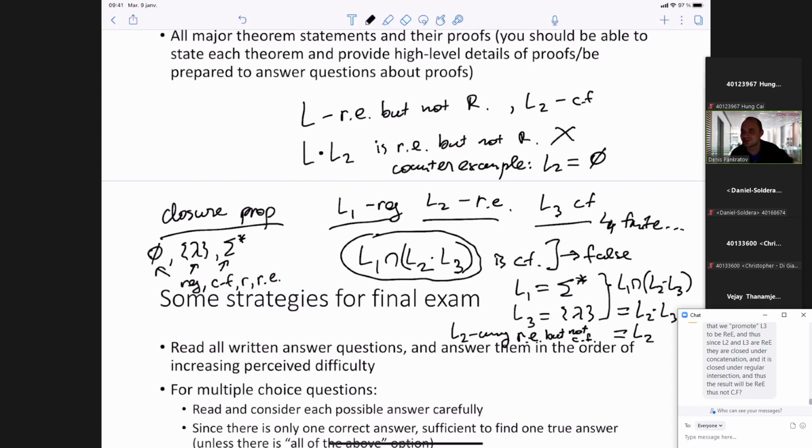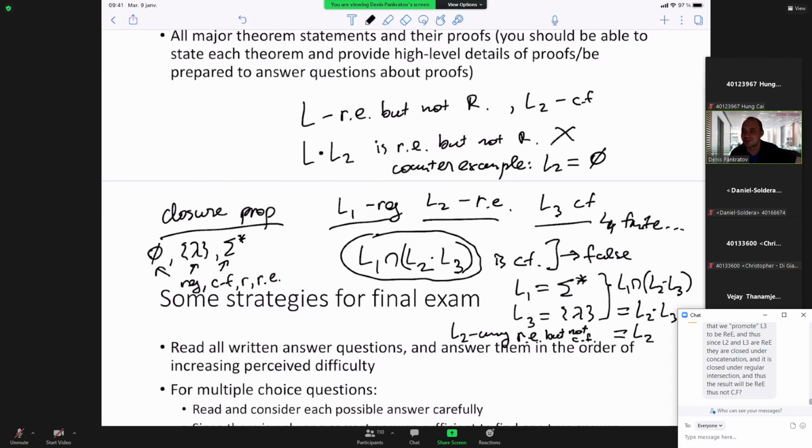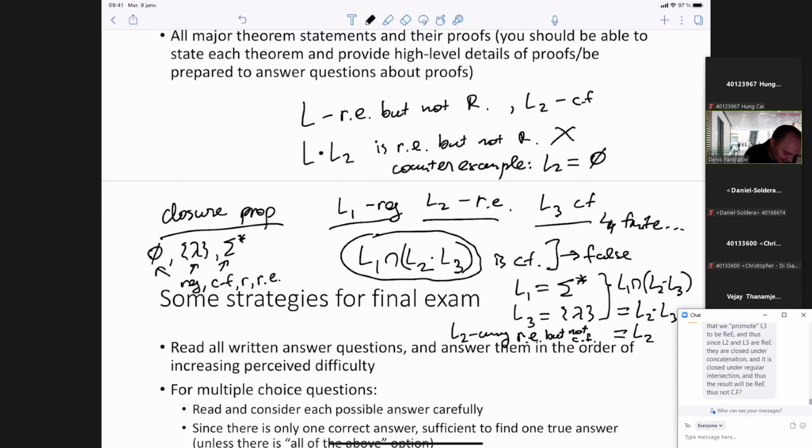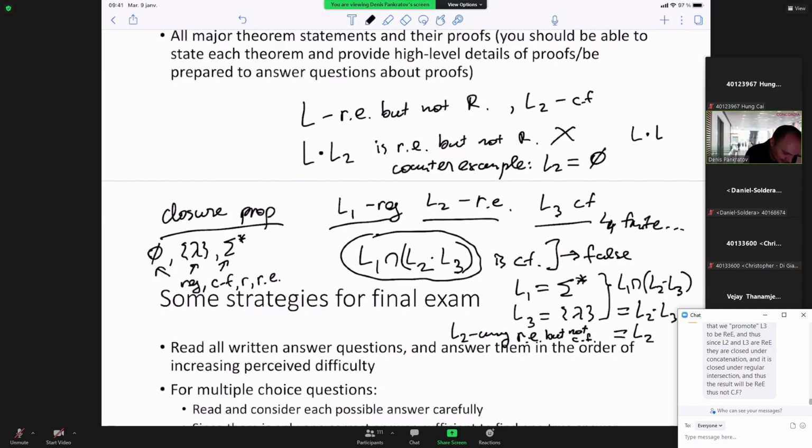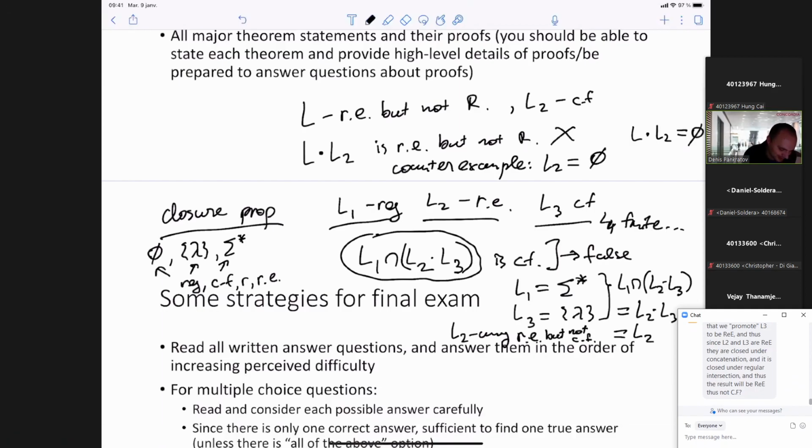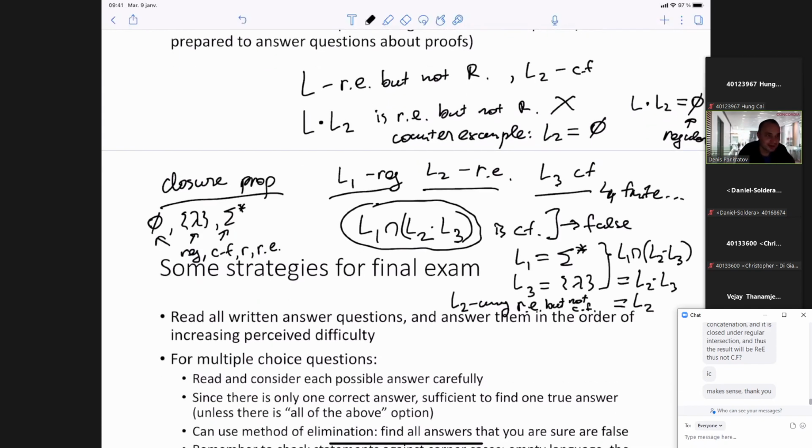The empty set is context-free. You can write a context-free grammar for it, or an NPDA without any accepting states. Then if you take L and concatenate it with L2, you get the empty set, and this is even regular. So just because you took a complicated language and did a concatenation, it doesn't mean that the result is necessarily complicated. Concatenation can destroy the complication in the language.